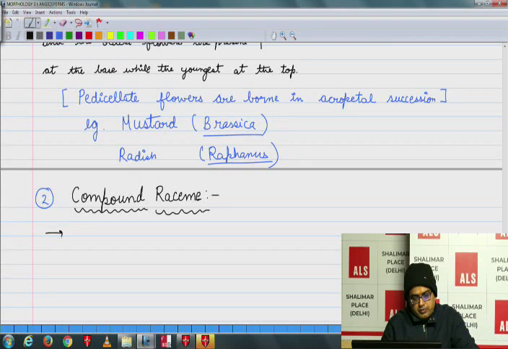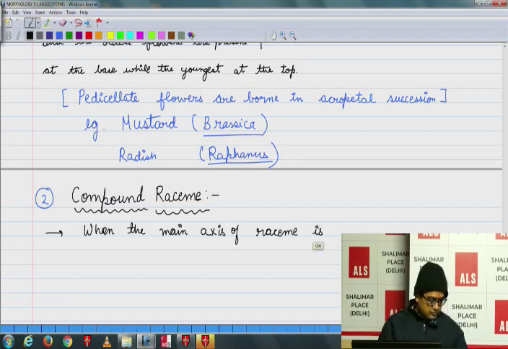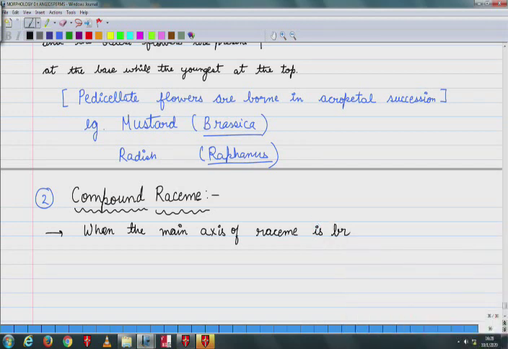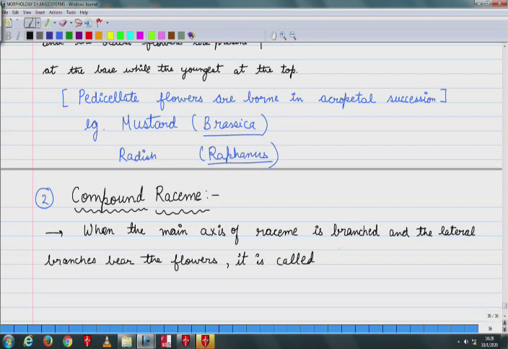When the main axis of raceme is branched, and the lateral branches bear the flowers, this type of inflorescence is called compound raceme or panicle.